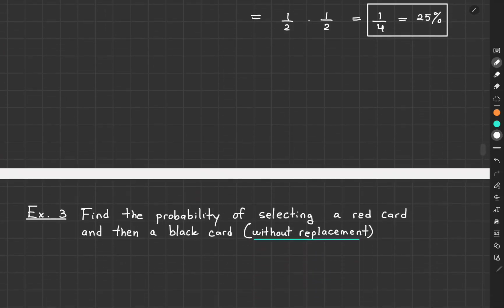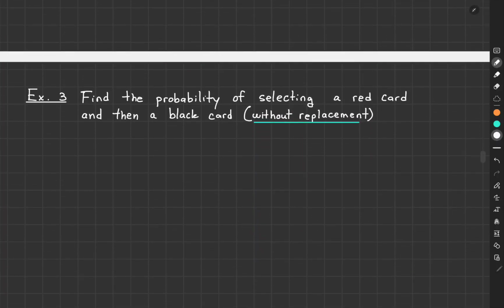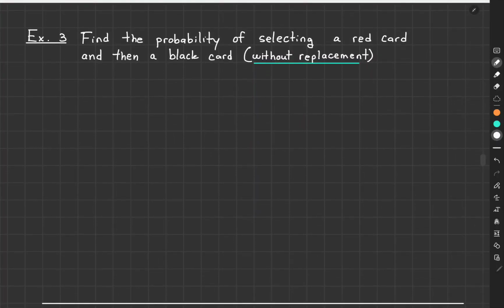Okay, so let's consider one more example involving conditional probability. Find the probability of selecting a red card and then a black card, and this is the case without replacement. The probability of A and B is equal to the probability of A times the probability of B given A. In this case, we are going to need to use B given A. This is without replacement, so that second probability is going to be affected by the first.